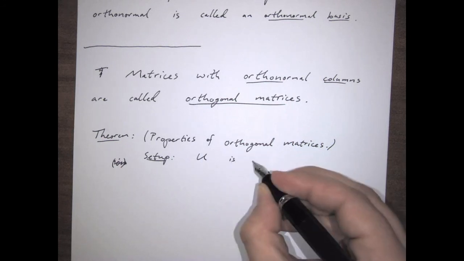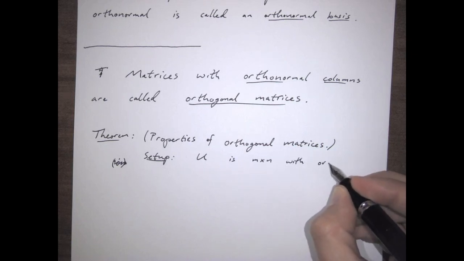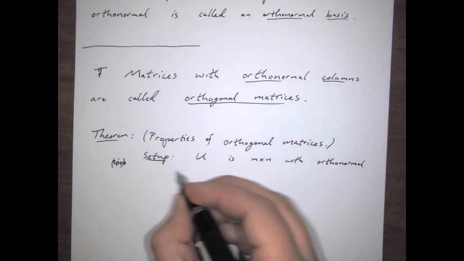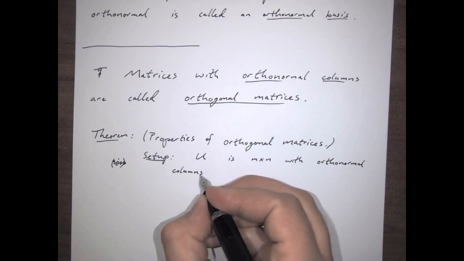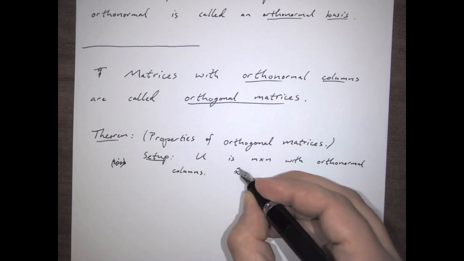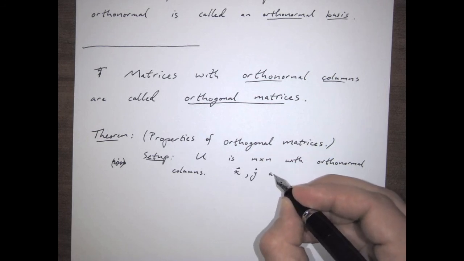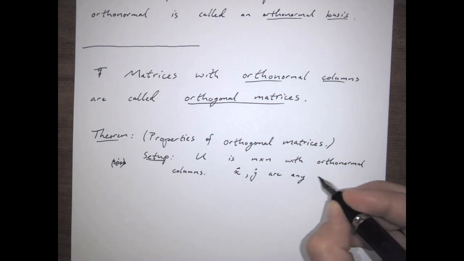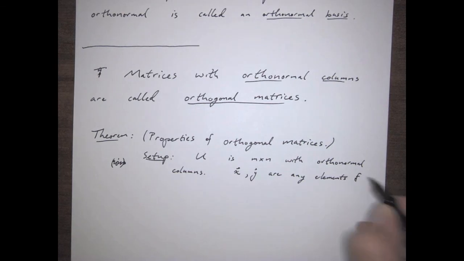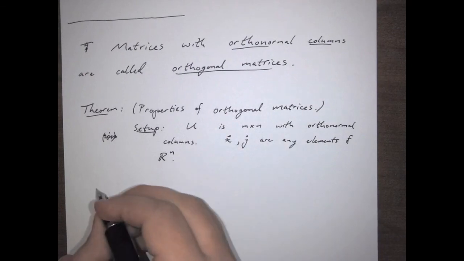So U is m by n with orthonormal columns. And we'll have x and y are any elements of Rn. Okay, so here are some of the properties.